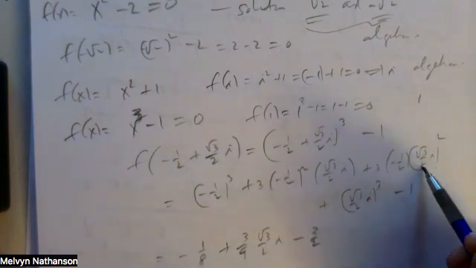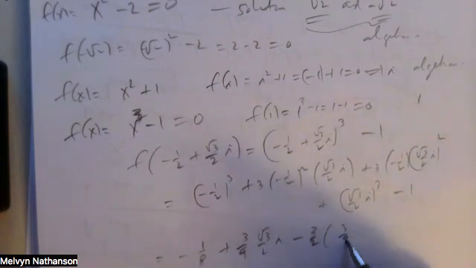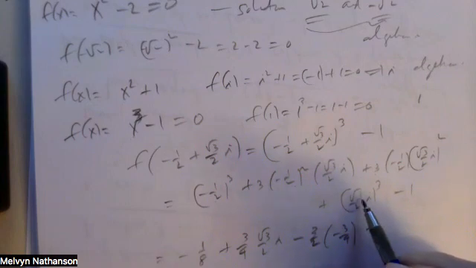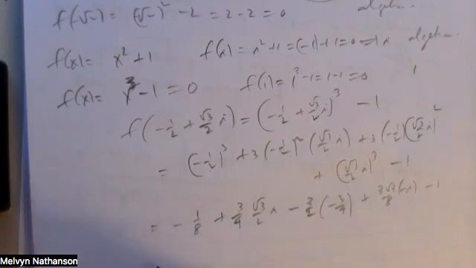If I square root 3 over 2 i, I get 3 over 4 times minus 1. Root 3 over 2 cubed is 3 root 3 over 8. i cubed is minus i. Minus 1. Let's see if I'm lucky enough and this works out.